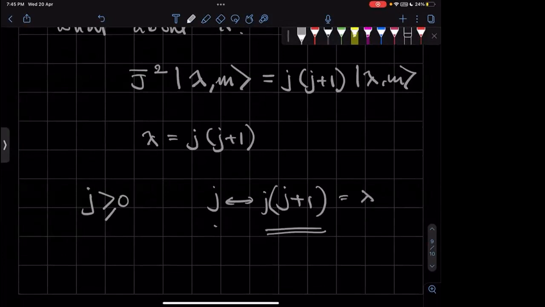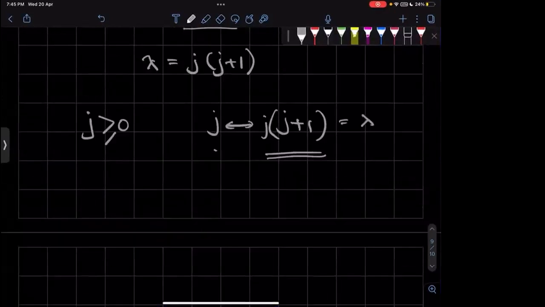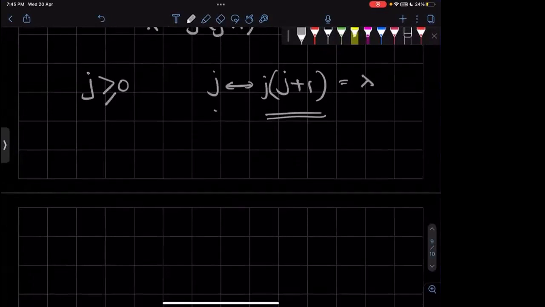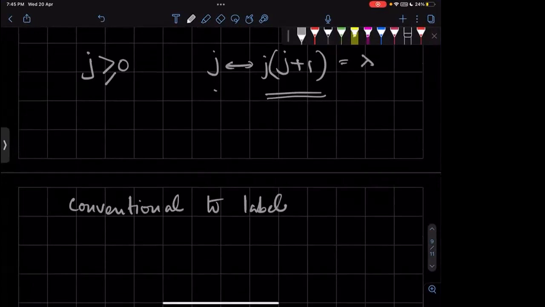So that's why, instead of labeling the states by lambda, it is conventional to label the states with the eigenvalue J. Okay.